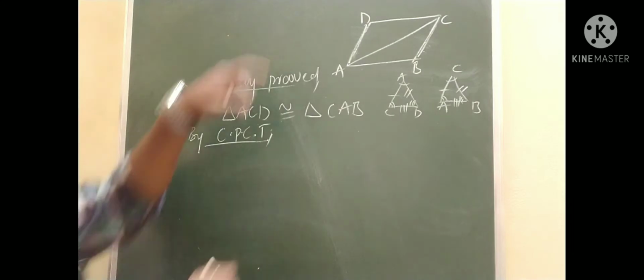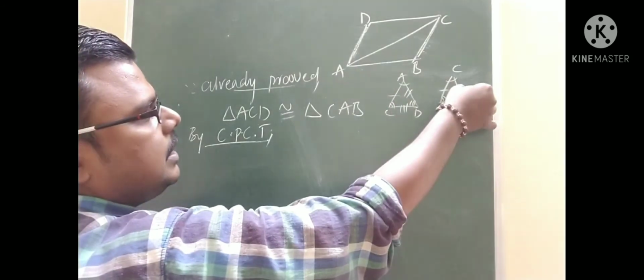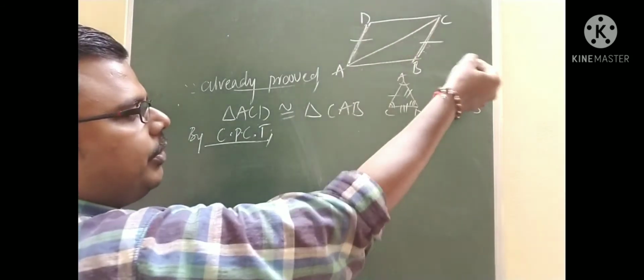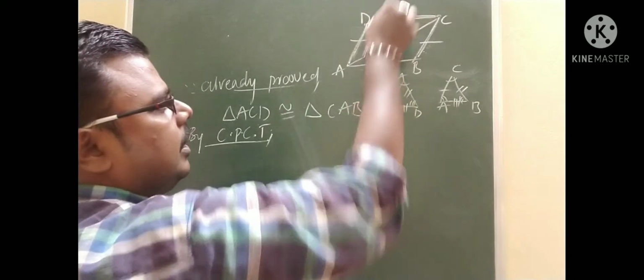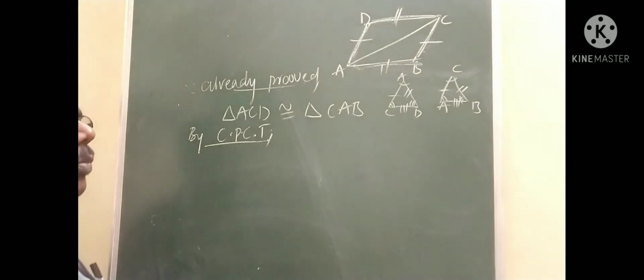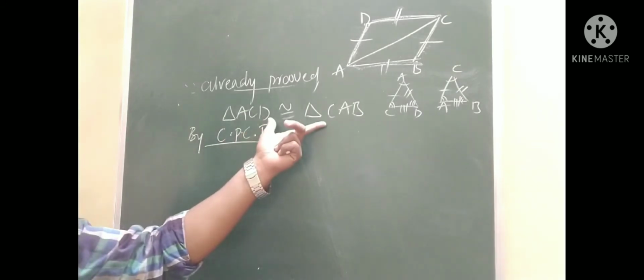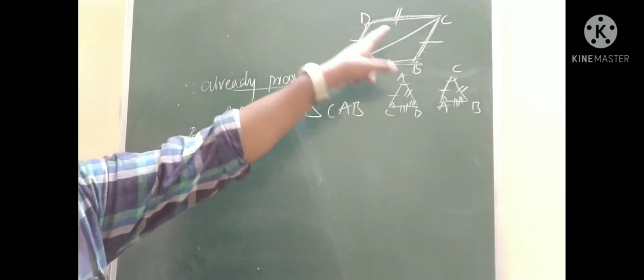So as per the statement, that is what we are required to prove: in a parallelogram, opposite sides are equal. So AD is equal to CB, opposite. CD is equal to AB, another opposite side. So we have proved one statement, that in a parallelogram opposite sides are equal. Due to the diagonal AC, we got the two congruent triangles.